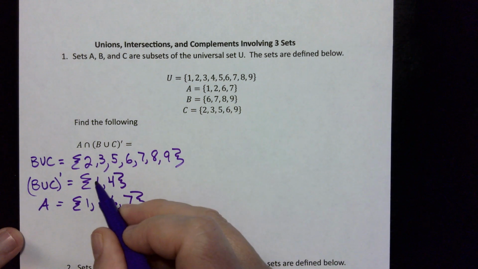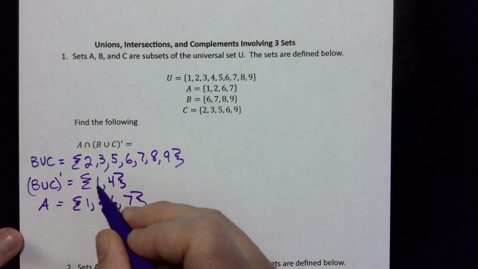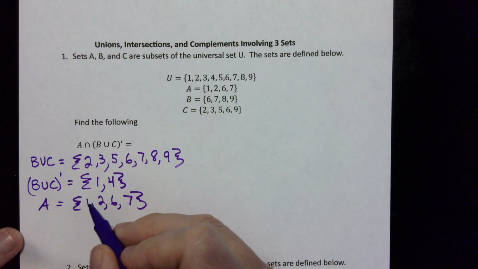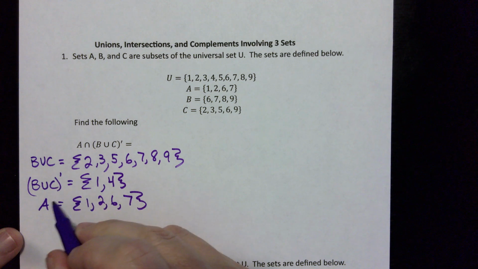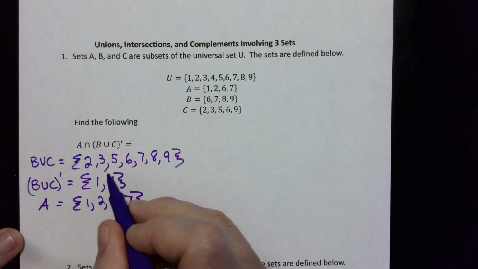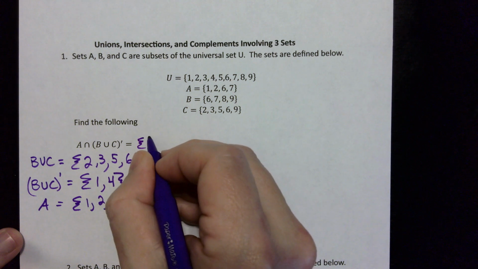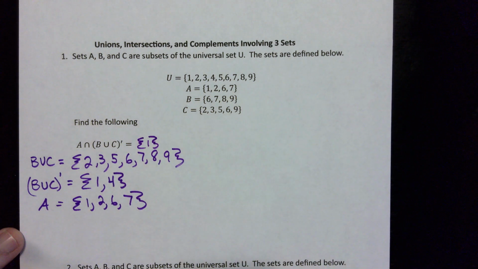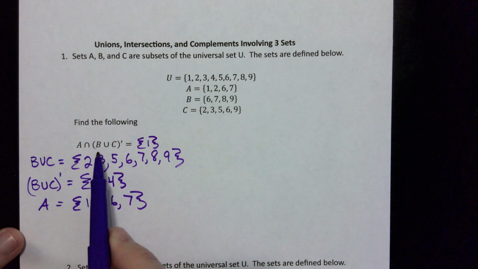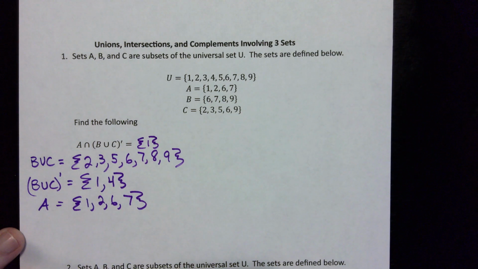What shows up twice? It looks like just the 1. So my answer here in roster form is 1. That's the only element that exists in A intersect (B union C) complement.